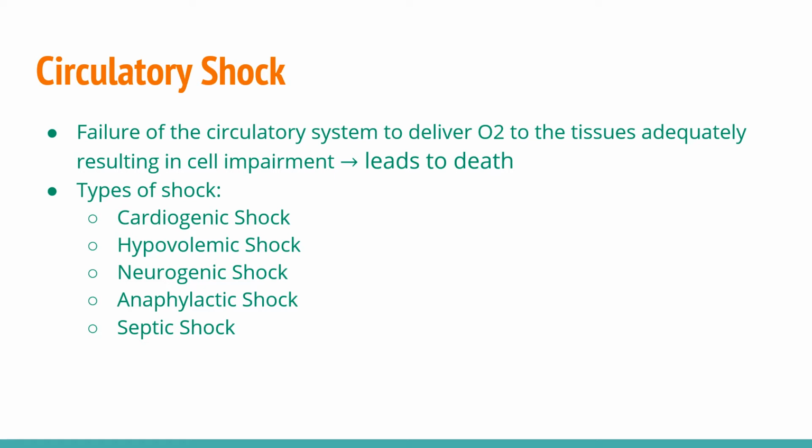So a weak or thready pulse would be a low pulse, like the blood pressure would be low. It's not necessarily slow, it's just weak, you just don't really feel it. And then a bounding pulse, B-O-U-N-D-I-N-G, would really mean your blood pressure is high.